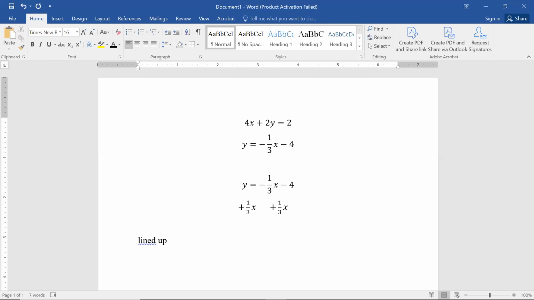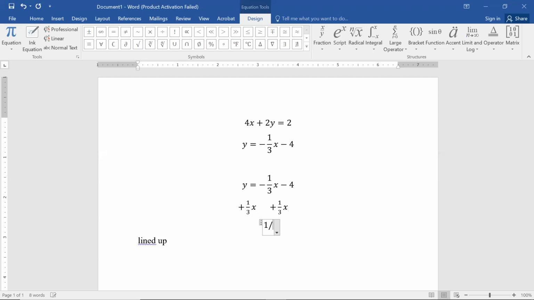When I have y plus 1/3 x, I'm going to write it in order so that it aligns with this one. So we end up with 1/3 x plus y equals -4. So that's the same equation rewritten as this second equation in our system.